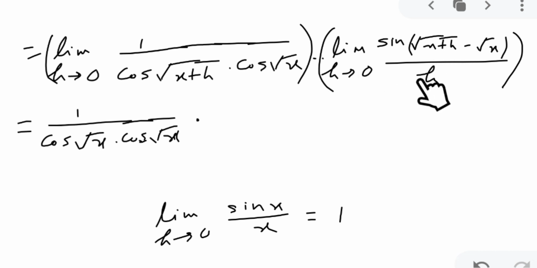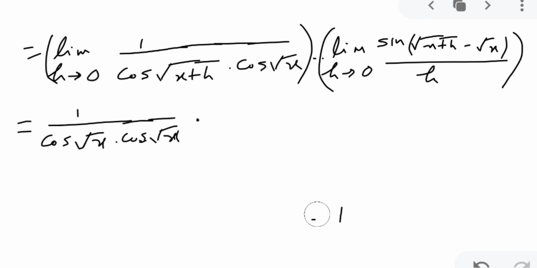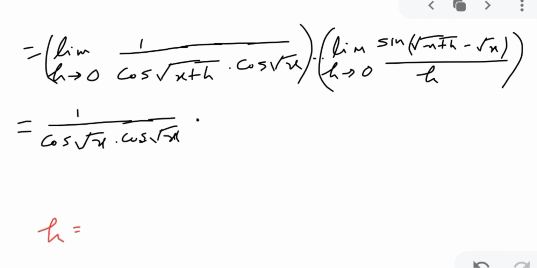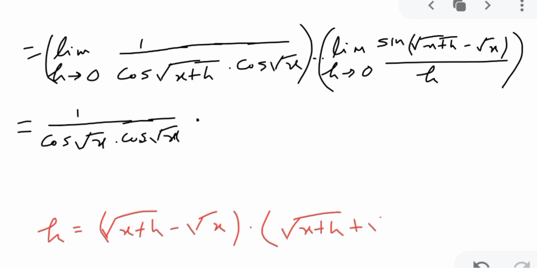So what I can do, can I write h like this? h will be root over x plus h minus root x, into root over x plus h plus root x. Correct? A minus b into a plus b. If you simplify this, you will get a square minus b square.